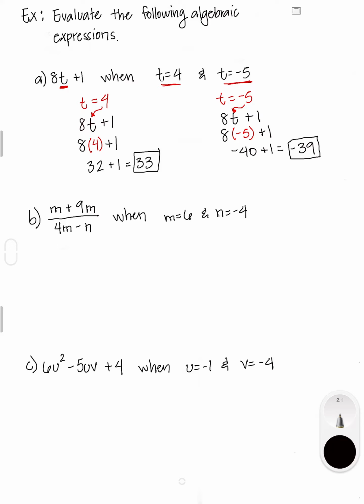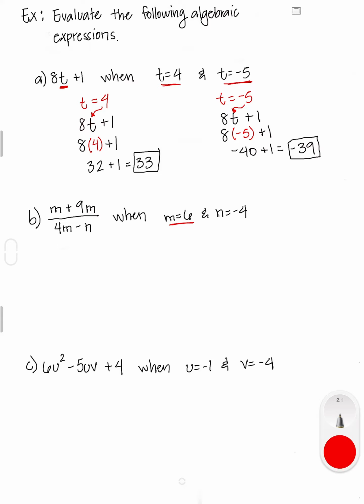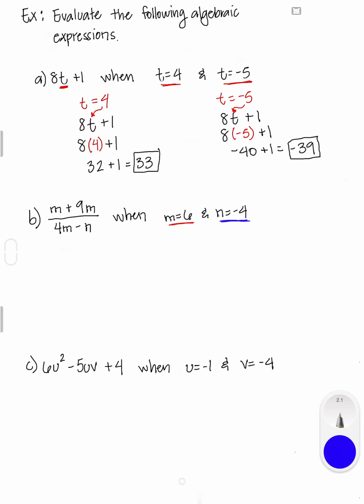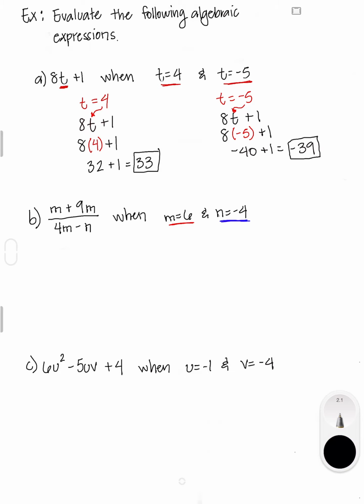Now for the next one, we have m plus 9m over 4m minus n. And they are giving us the value of m equals 6 to plug in, and n equals -4. So what we want to do is replace m and n. I'm going to go ahead and rewrite it. We have m plus 9m over 4m minus n.